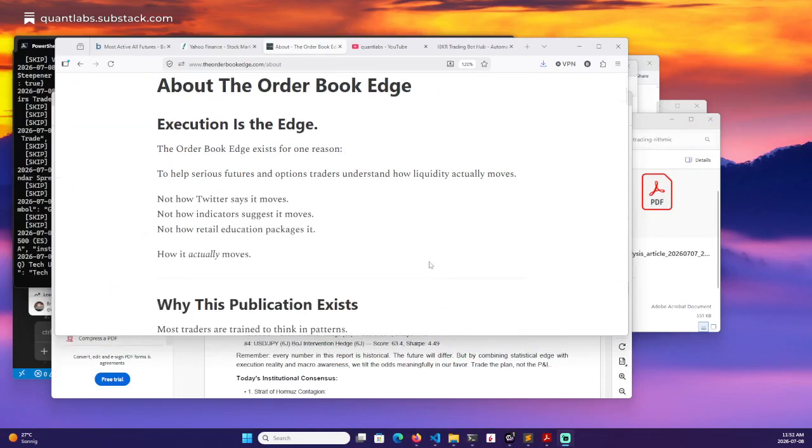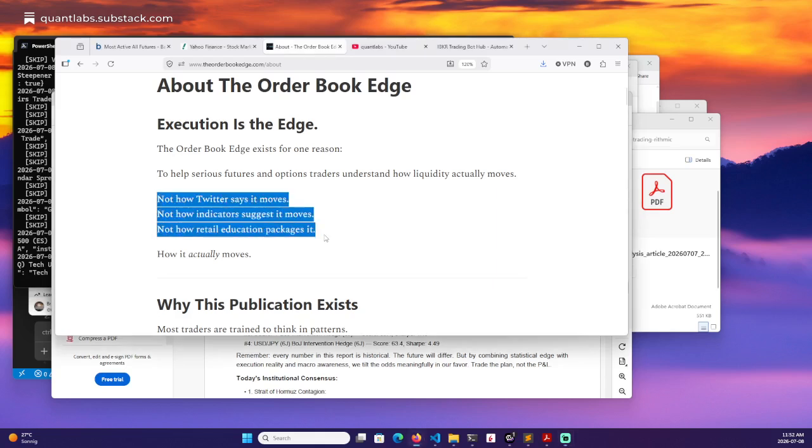Anyways, here's the about. So again, this is not what orderbookedge.com is. It's not a thing you watch on Twitter. It's not something where you learn about some magical indicator, as I said, because of volatility.